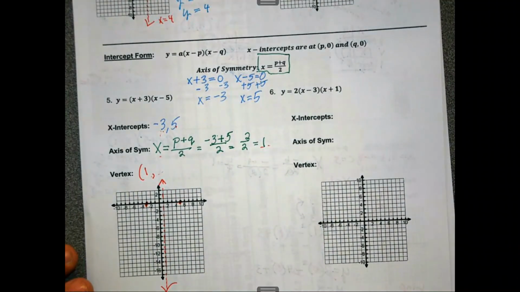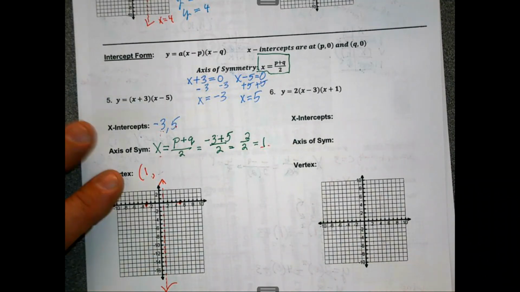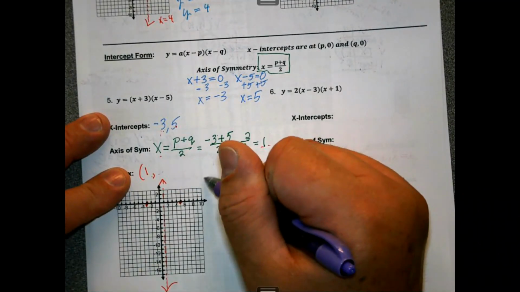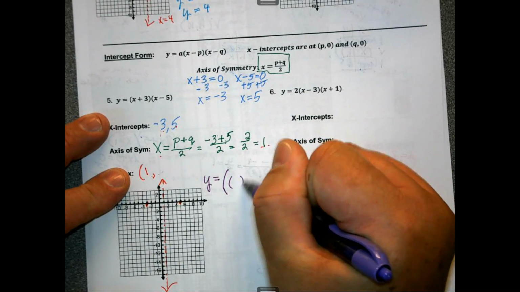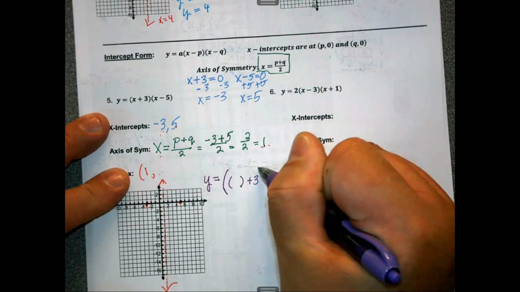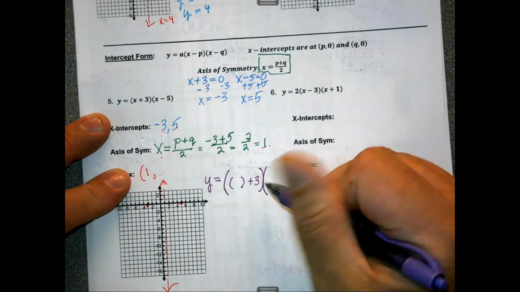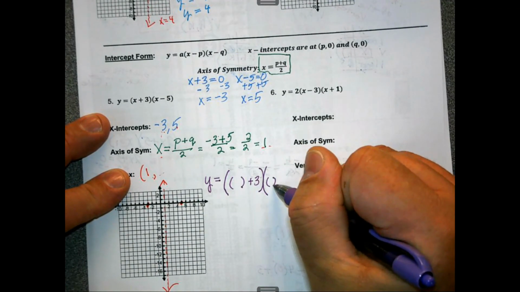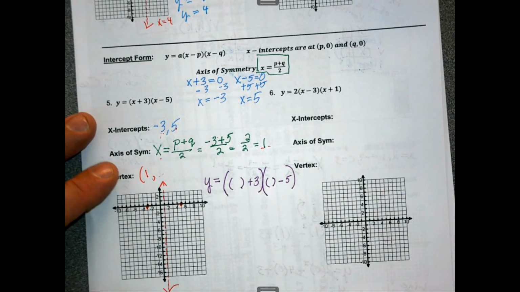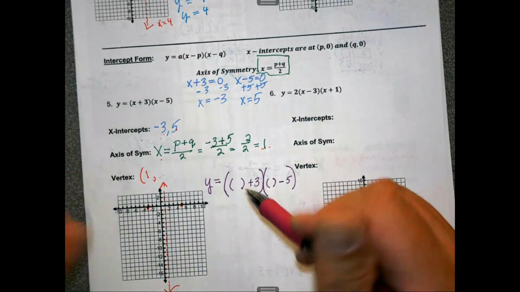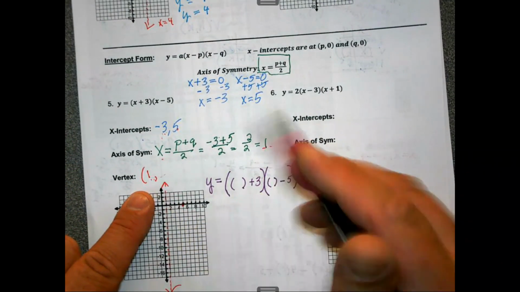So I'm going to go up and pick up my equation. Y equals, and again, I'm going to substitute in for x, plus 3. I'm going to substitute in for x, minus 5. My substitutions, well, I know that x is 1.